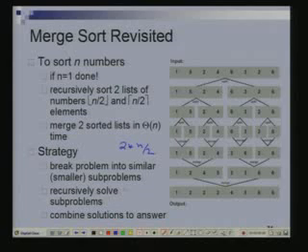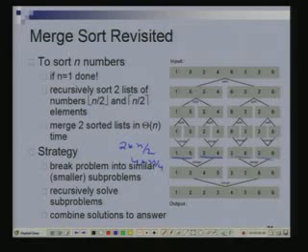And after that, we get sequences of length 2. After this step, we get basically sequences of length 2, as you can see. Now we are merging these. So each of these merges is now going to take 4 units of time, and there would be n by 4 such merges.